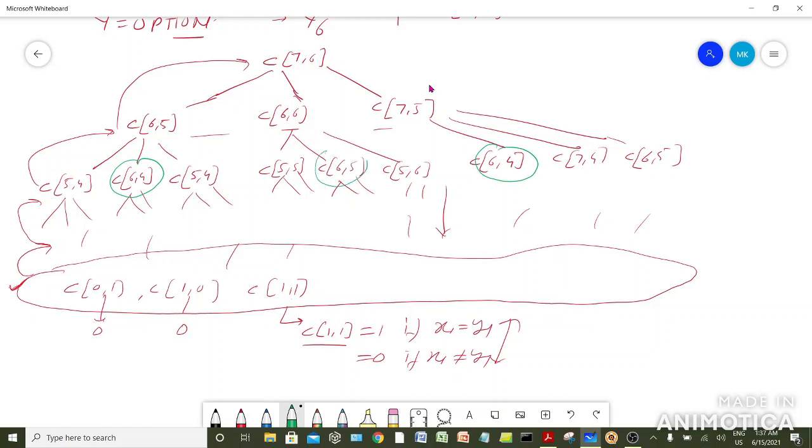Fine. 6 5 calculated here, 5 4 calculated here, and 5 4 here also. Yes, no, twice. It is wrong, I think. This should be equal to 6 and 4.